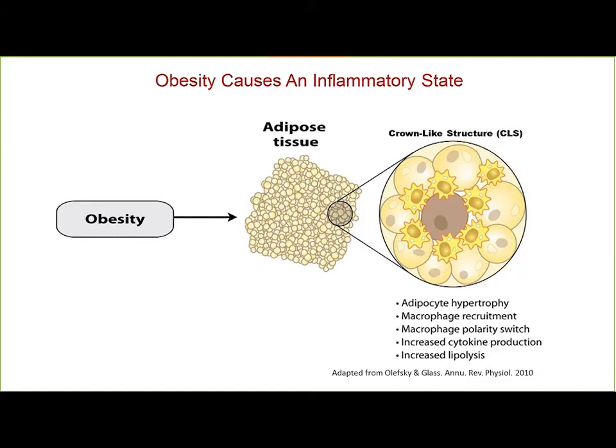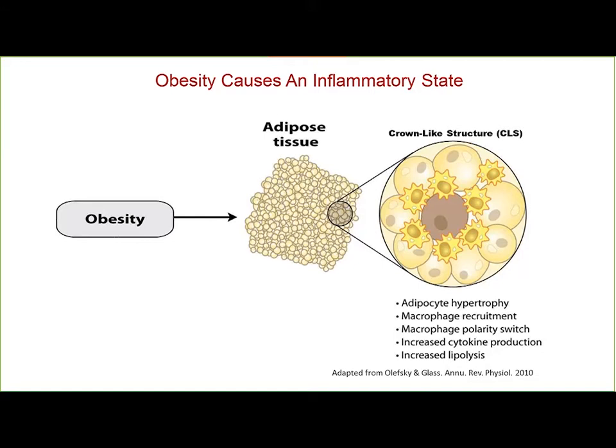These macrophages then phagocytose the dead adipocyte using a process known as lysosomal exophagy, and in the process become foam cells. In this process, one can find increased cytokine production such that the presence of crown-like structures can be associated with elevated levels of pro-inflammatory mediators.